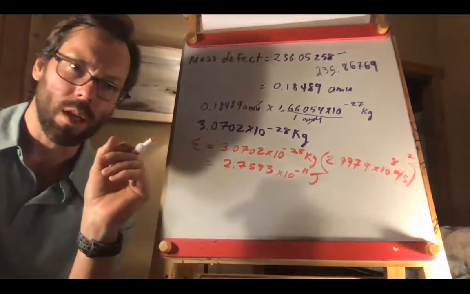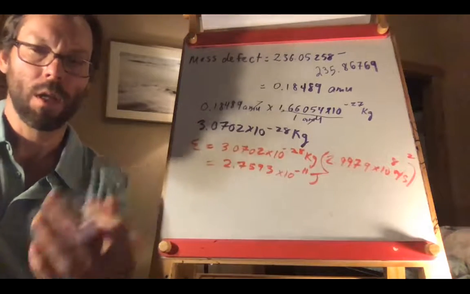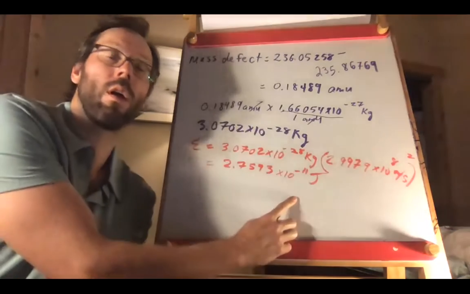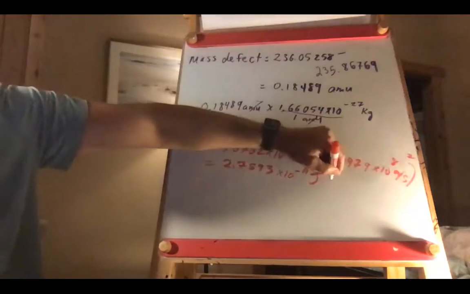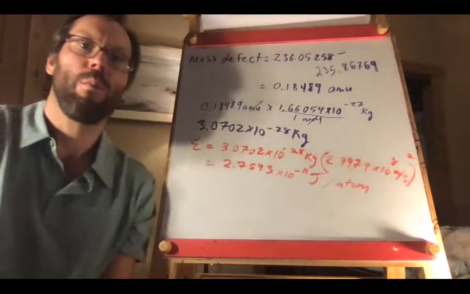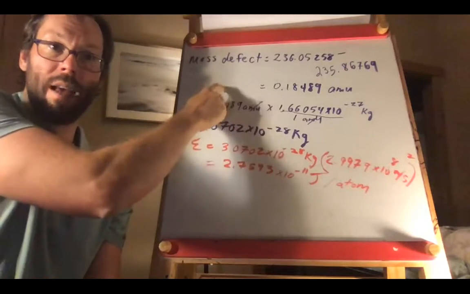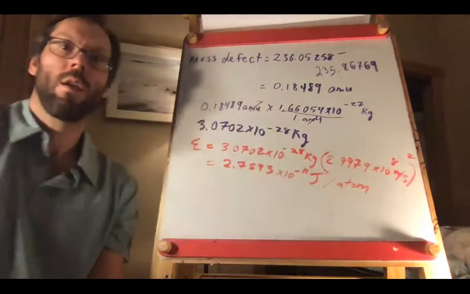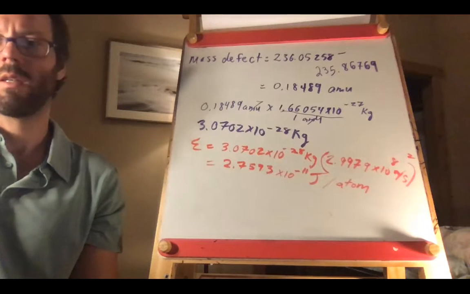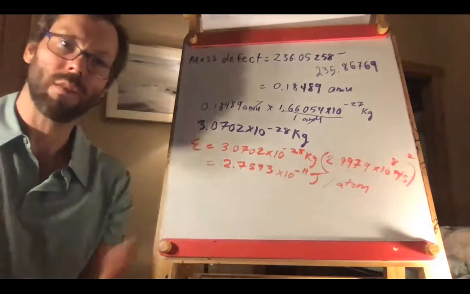But of course, they want how much energy in a mole. So this is, technically, joules per atom. That unit's not written here, but we know it's per atom because we're getting the mass defect of just one atom. So how can we figure out moles? Well, how many atoms are in a mole? Avogadro's number.